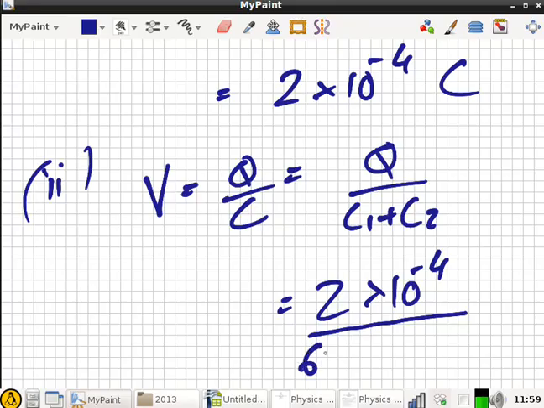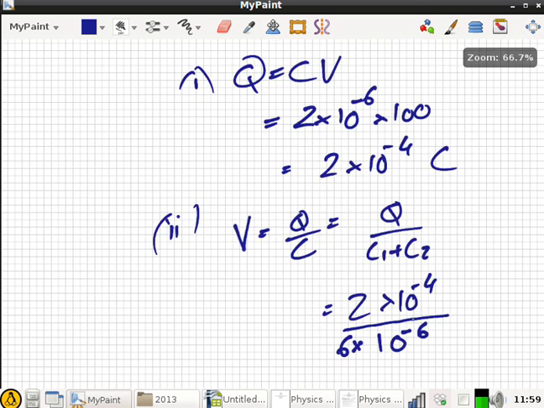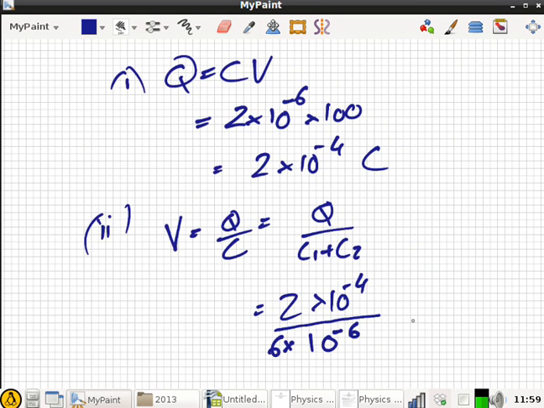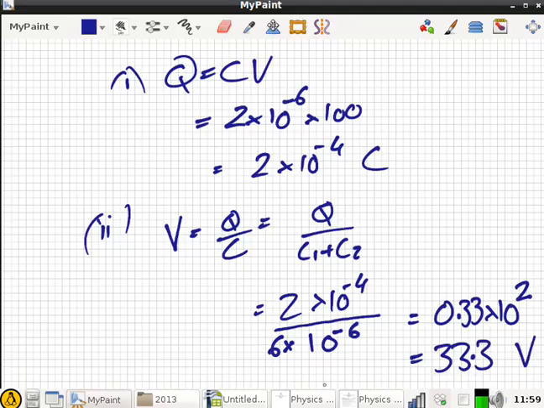Total 6 micro. So this ends up being 0.33 times 10 to the 2. Is that right? Yeah, so it's roughly 33.3 volts.